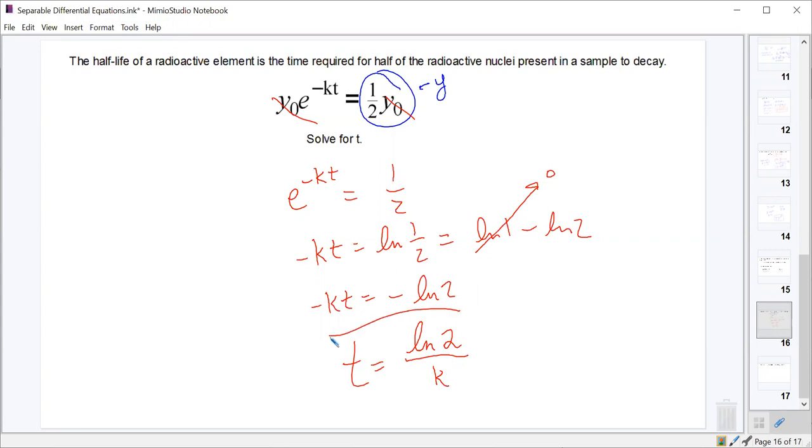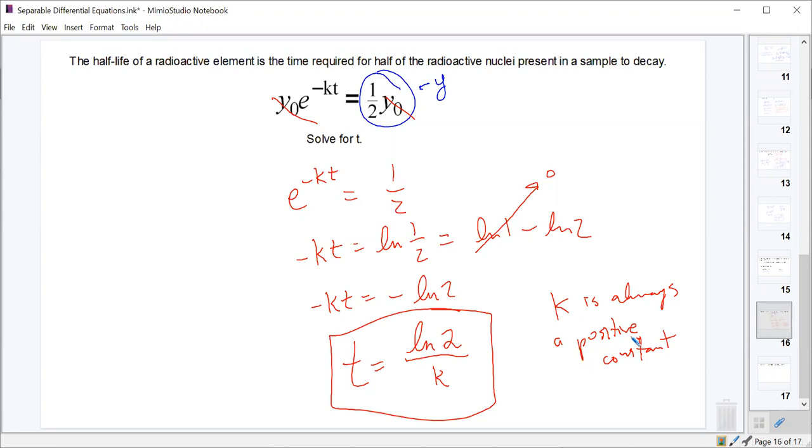This is an important thing that you may or may not have seen in chemistry class at some point, but this will always give you the half-life of a radioactive element: natural log of 2 divided by k. Good or no? And we're going to note that k is always a positive constant.